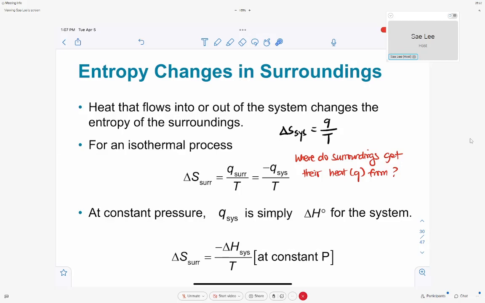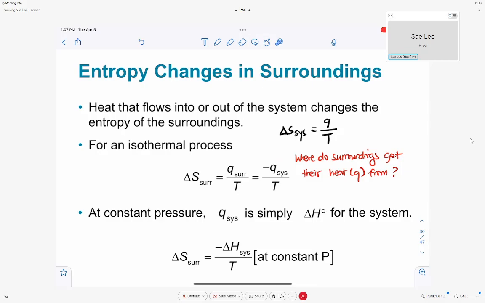Whatever heat the system produces will be transferred to the surroundings. Or whatever heat the system absorbs is transferred from the surroundings.